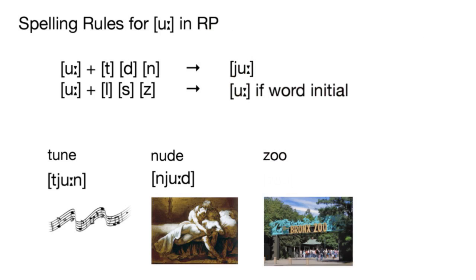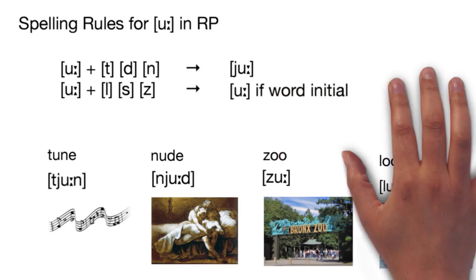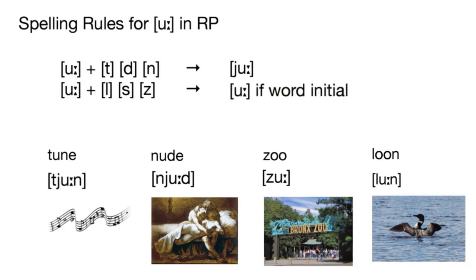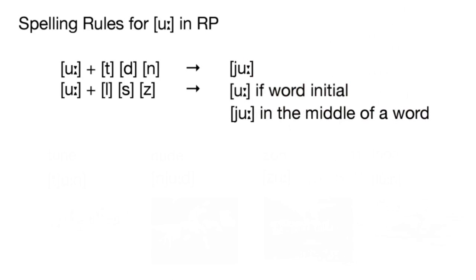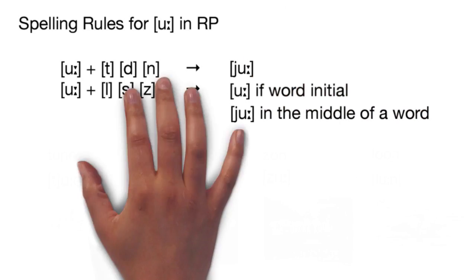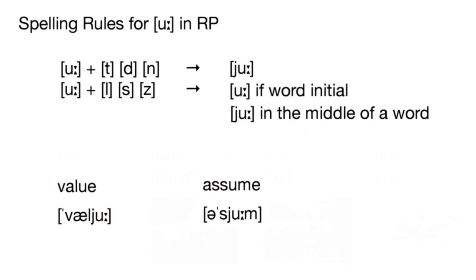You'll drop that y sound for words starting with L, S, and Z. So you still get zoo and loon. But you'll put that y back in for L, S, and Z if the syllable is in the middle of a word, giving you words like value, assume, and presume.